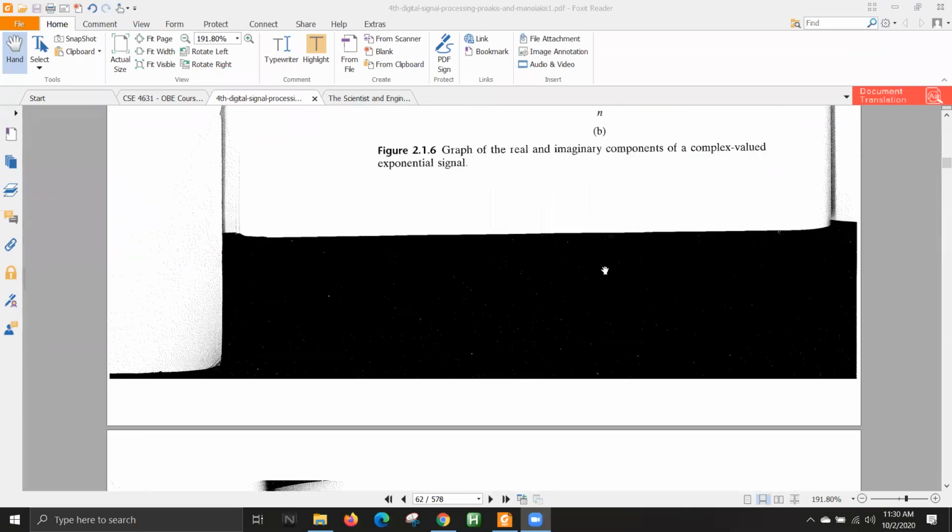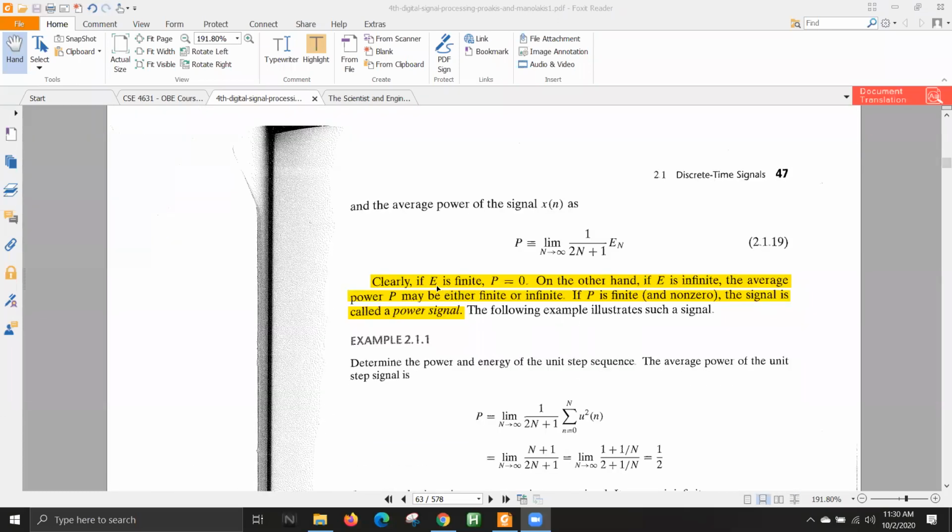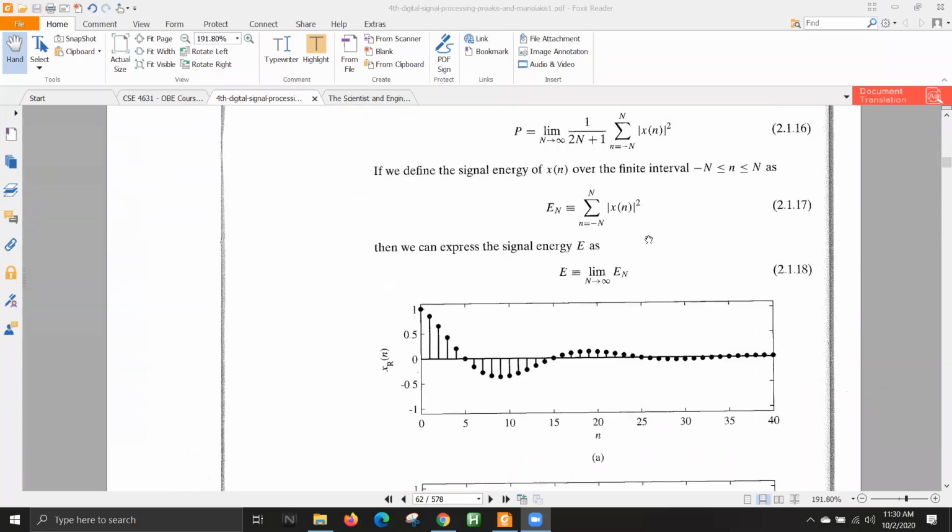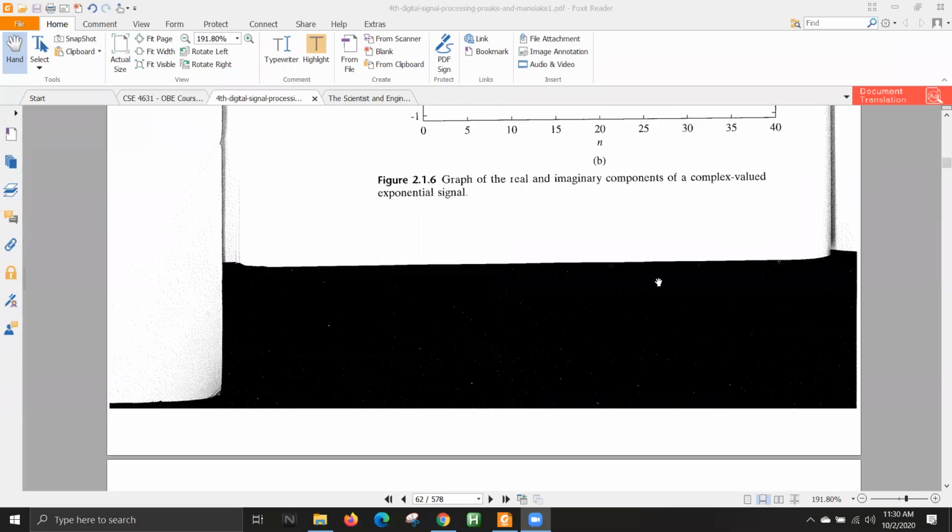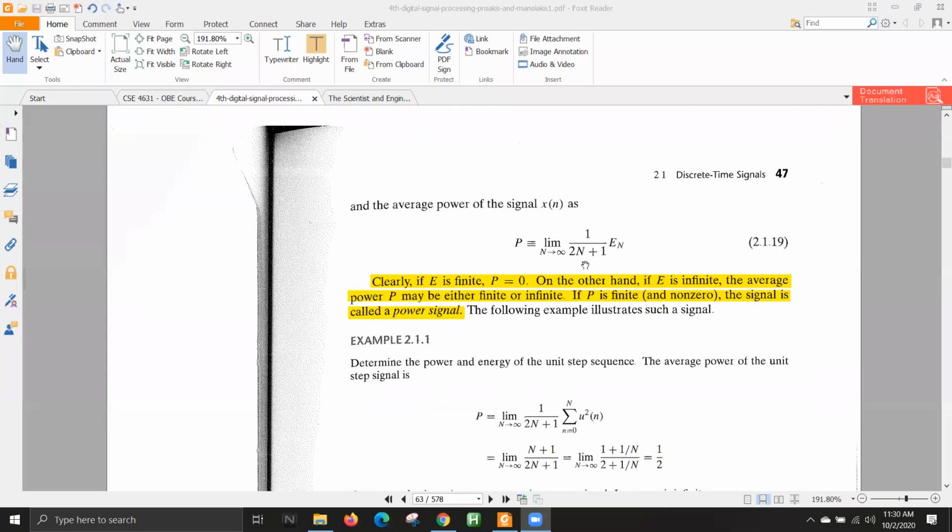So this is the representation for average power. And the thing is that if E is finite, then the average power would be 0. This thing would result in 0. It may not be obvious just by looking, but if you perform some operation on this, you will see that you can evaluate it to 0 here. How?